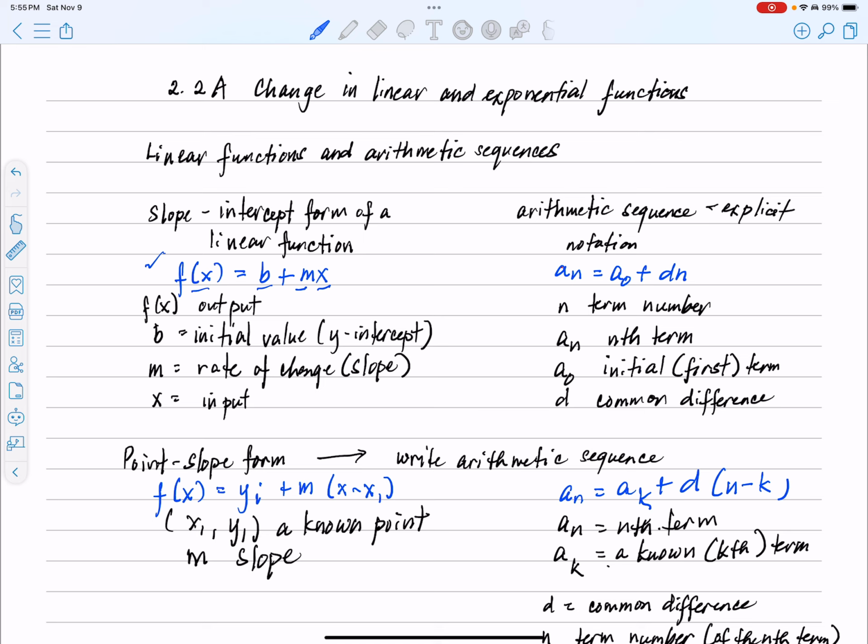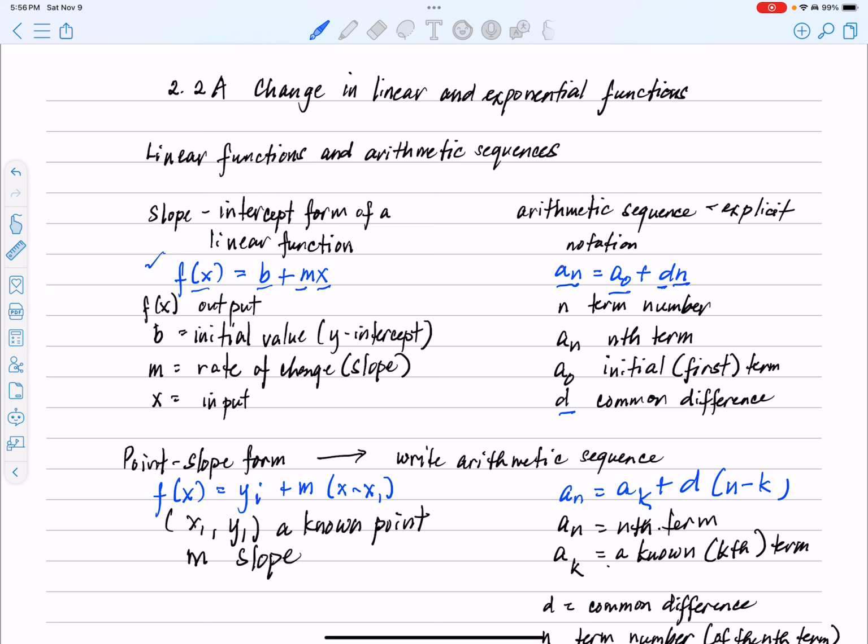In an arithmetic sequence, a sub n is the nth term, n is the term number, and a sub o is the initial first term. We call that a naught, and d is the common difference.